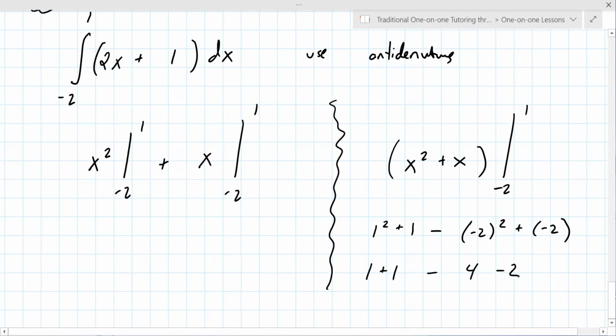It's top minus bottom, right? Yes, it's always top minus bottom.